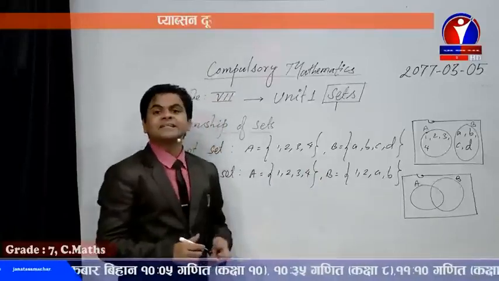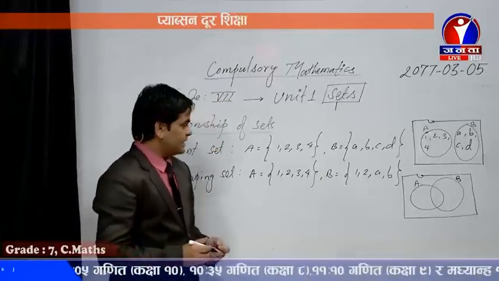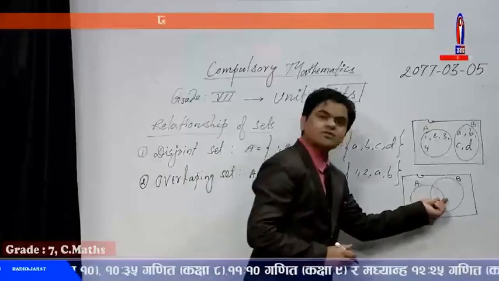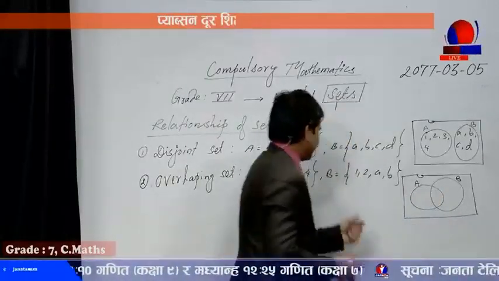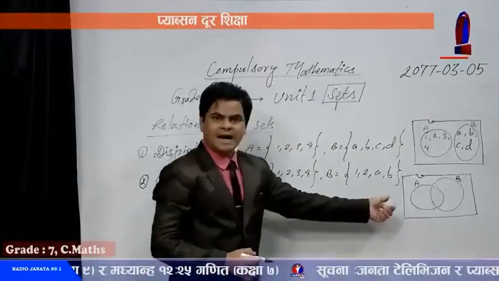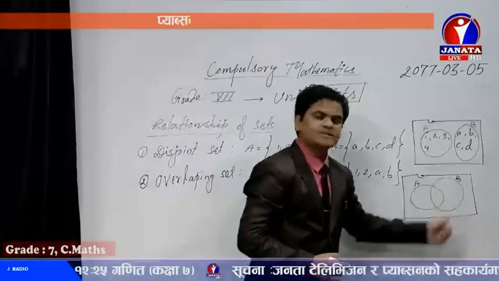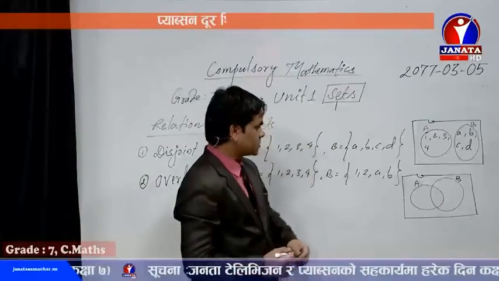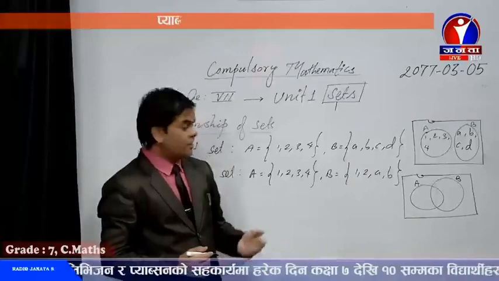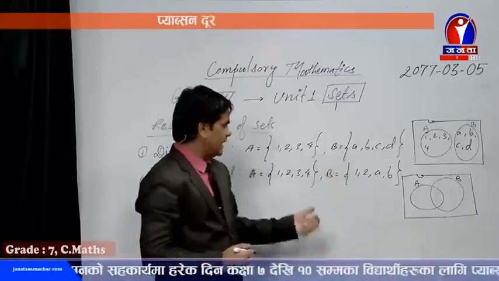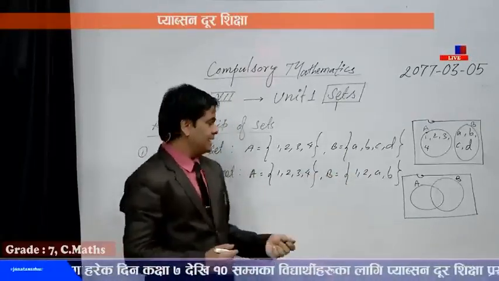If the question is related to three sets, at that time you need to prepare another circle as well. Here you can keep another circle. If there are only two sets, that's why I have made only two circles. But whenever necessary, we need to prepare the third set circle as well, so that we can keep those elements. Now let's keep the elements.